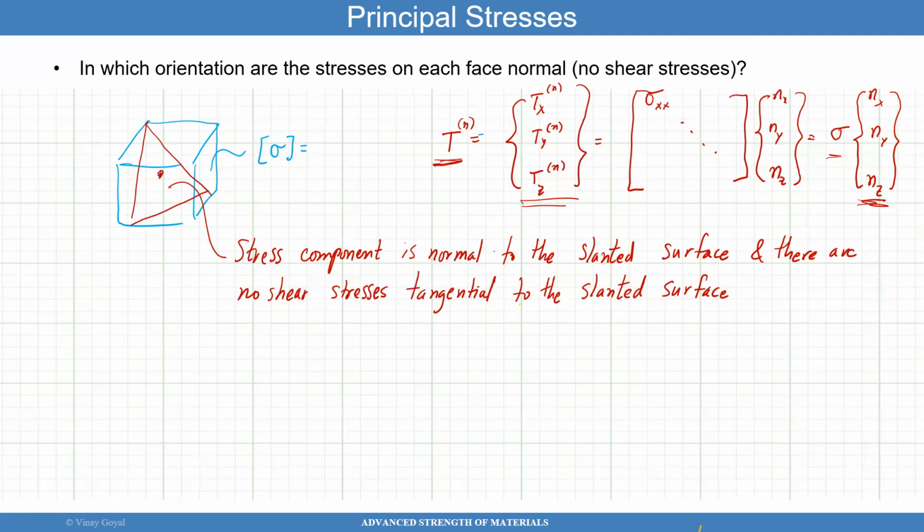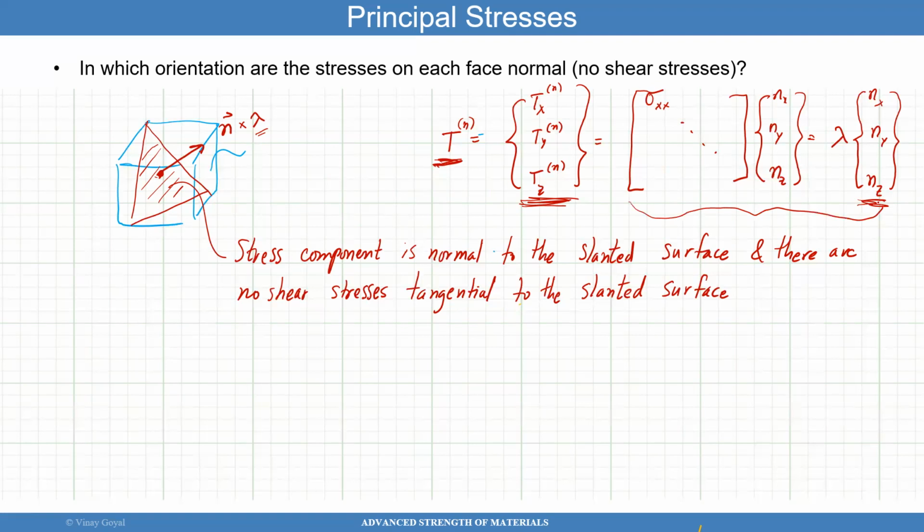Because if the normal to the surface is n, and I multiply by a scalar quantity, like some lambda, let me use lambda so we don't get confused, then all I'm saying is that this traction is just normal to that surface. There's no other way. This traction is normal to that surface if I just scale it up by some lambda. That's the only way that can happen, and because of that, this relationship has to be true.